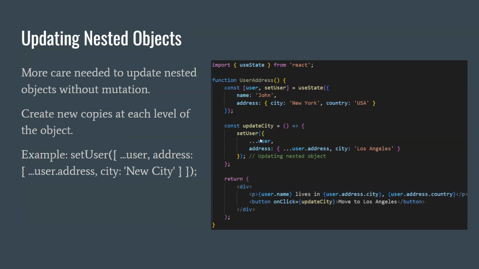So for the outer level, we'll use spread syntax to create a copy of the user object. And then for that copy of the user object, we will provide a custom value of address, which is creating a copy of the user address object, but with a modification of city being Los Angeles instead of New York.